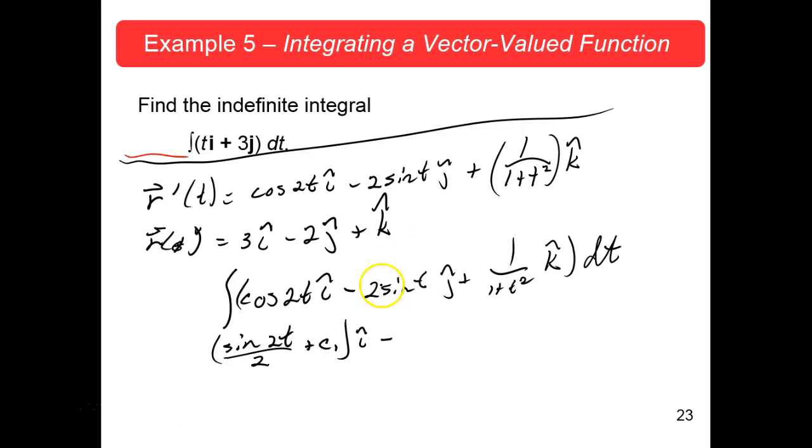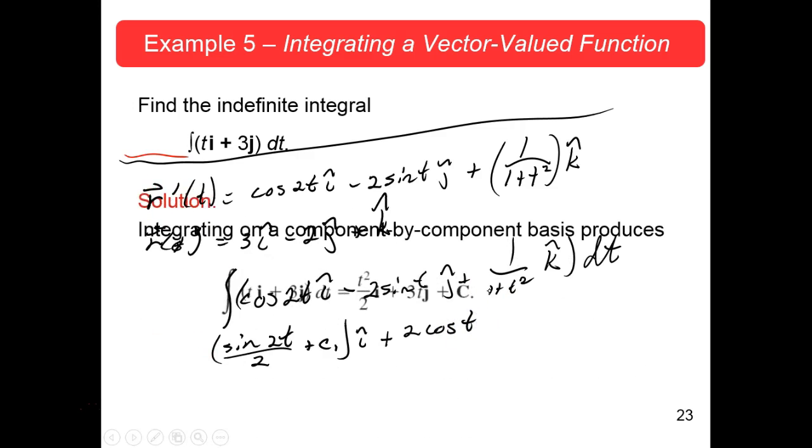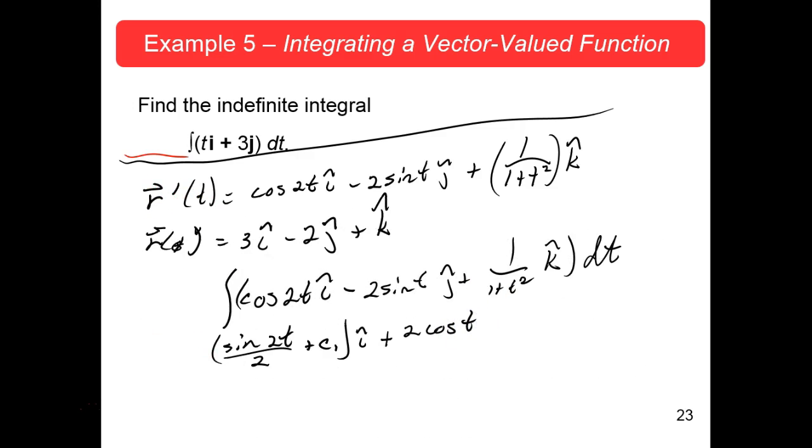I don't think so. It's actually a plus 2 times the antiderivative of sine, which is minus cosine. That's why I made it a plus. Cosine t plus C2 j.